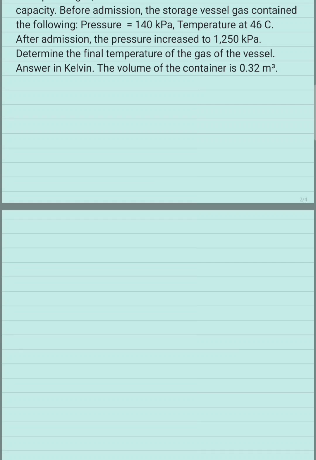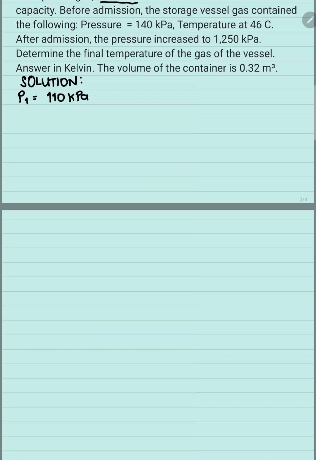So this problem is quite long. So let's evaluate or write first down the given solution. So a specific gas at 110 kilopascal. So initially, or P1 is 110 kilopascal.